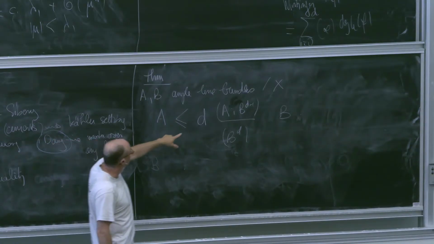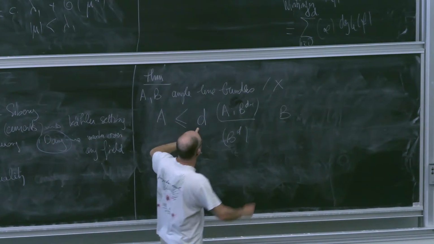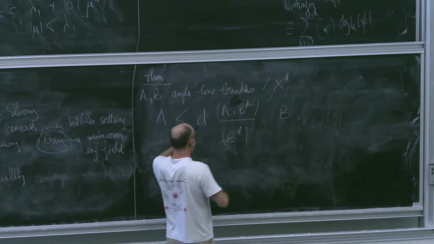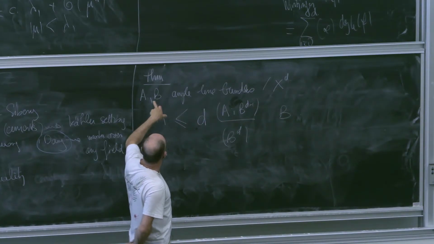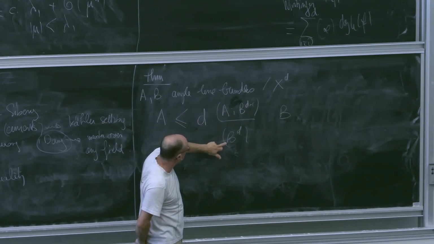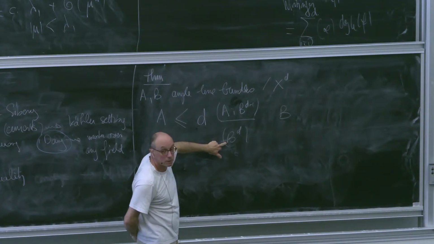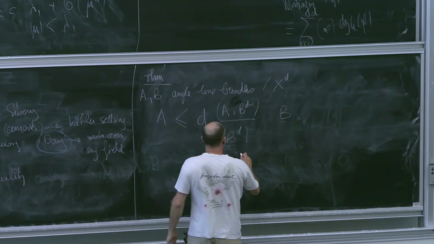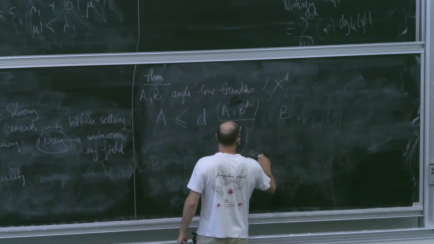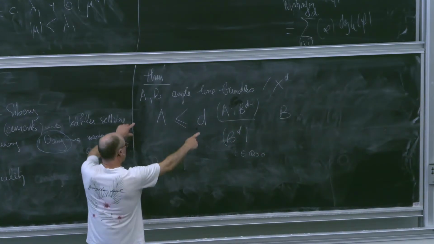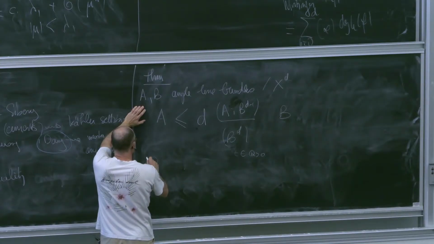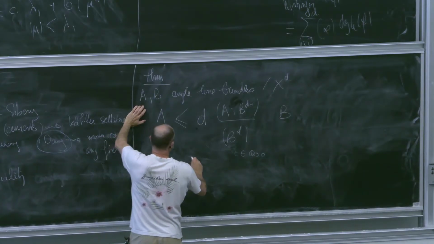Because d is the dimension of X, and these are positive integer numbers because A and B are ample, so they are positive. In particular, this B^d is positive, so you can divide. So this is a rational number which is positive. What I claim is that T times B minus A is pseudo-effective.